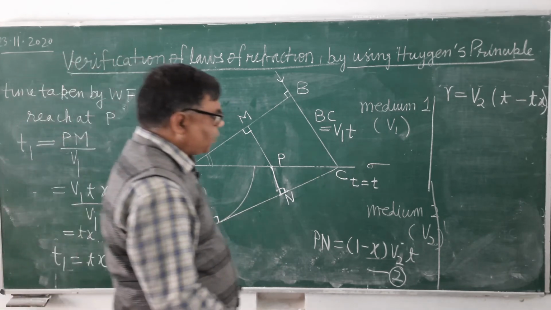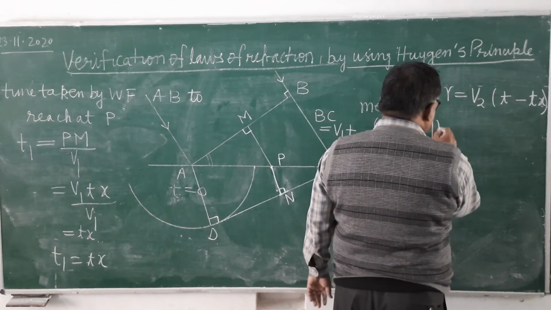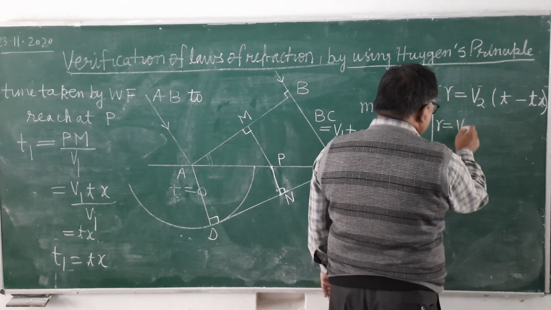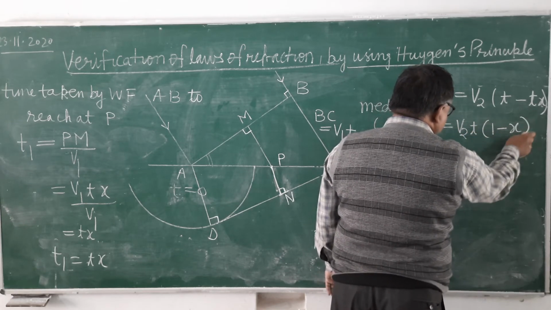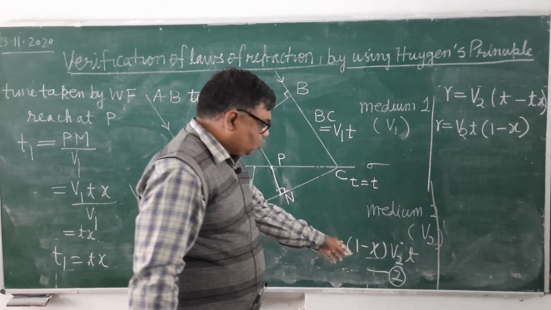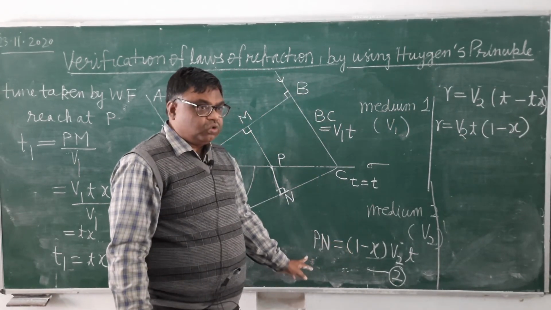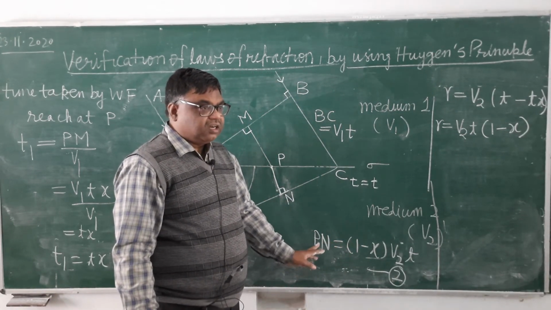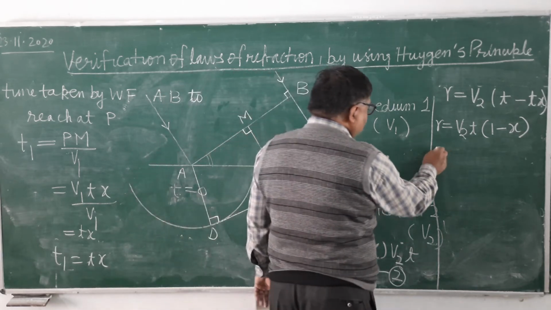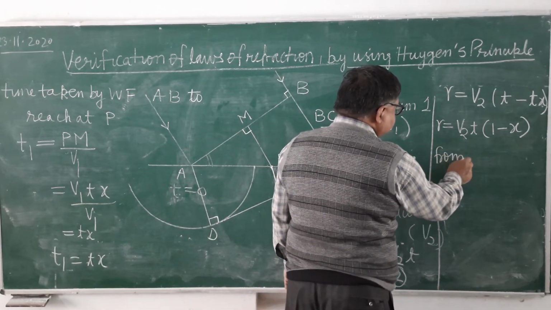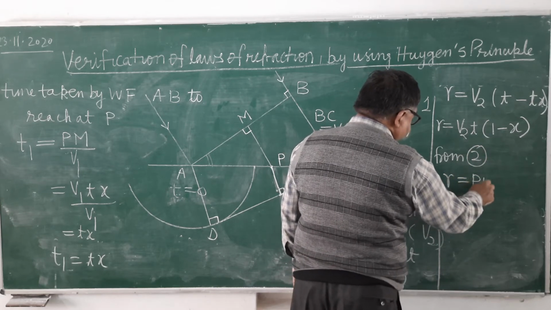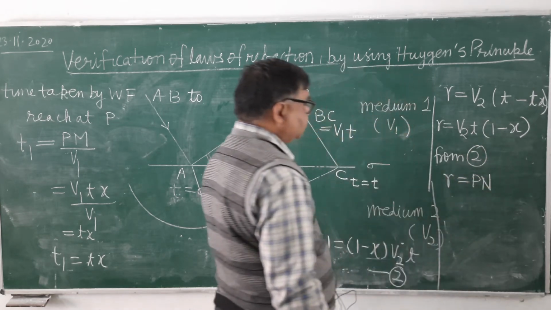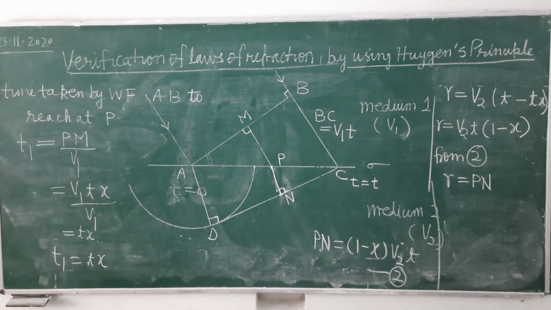So you simplify that, and you will get R equals V2 into T into 1 minus X. And what is V2 T into 1 minus X? It is equal to PN. From equation 2, R equals PN.